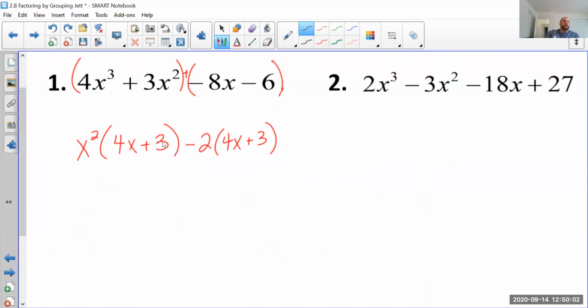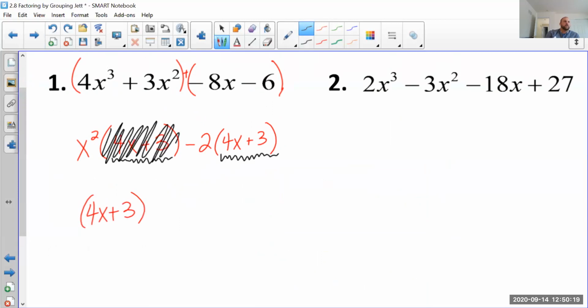Okay, so now again, both of these have this matching factor here, 4x plus 3, 4x plus 3. So I'm going to pull that out, put it out front, and write what is left when I take that out of both of them.